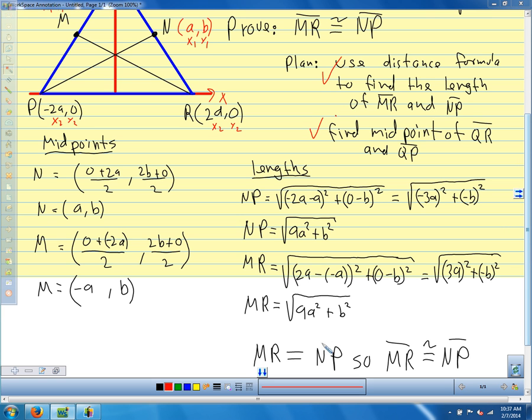Questions on what we did here? So one nice thing about using coordinates is if you know the coordinates of your vertices, you don't have to worry about it's more like algebra. It's more calculating. You're calculating things rather than having to worry about logic and connecting logical arguments together.